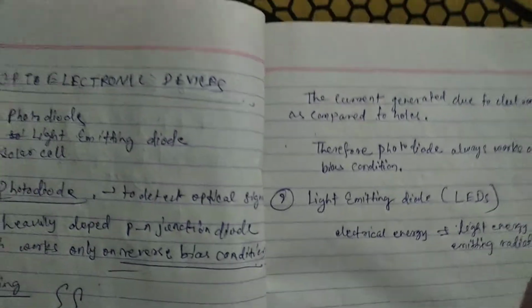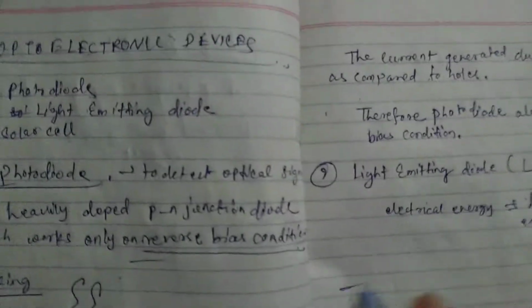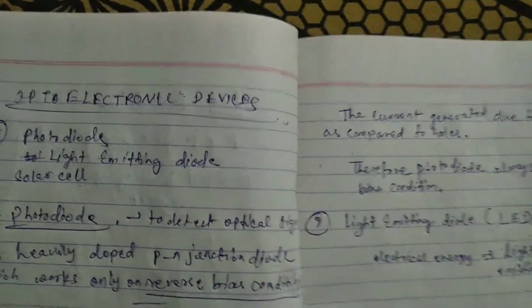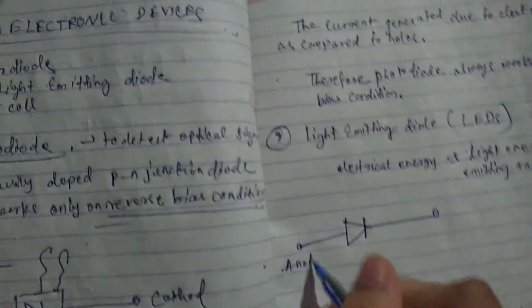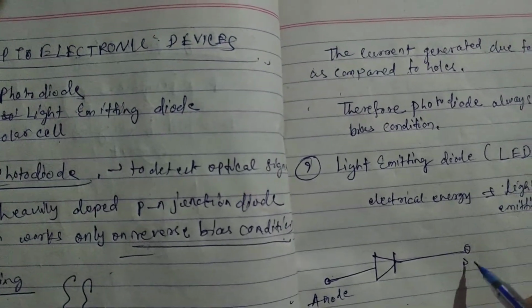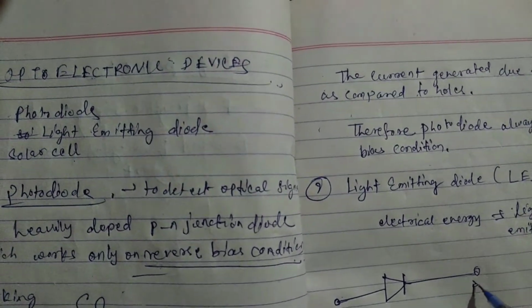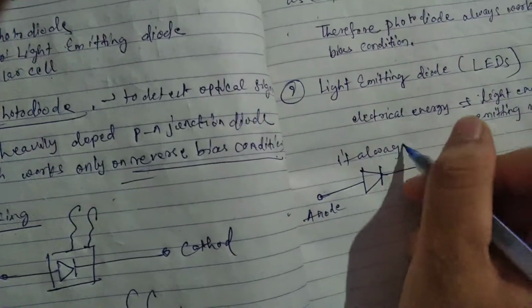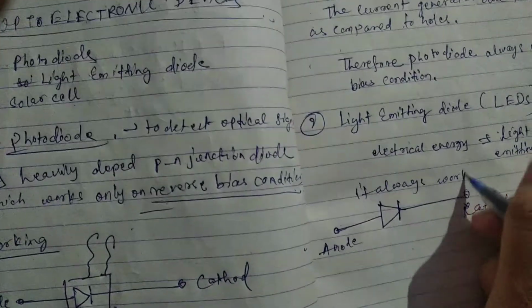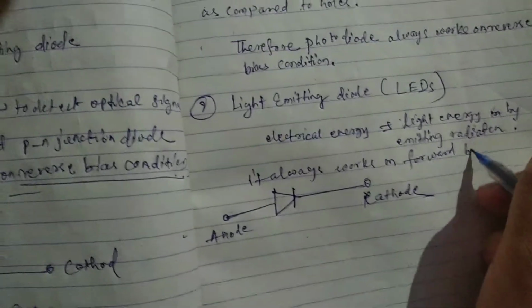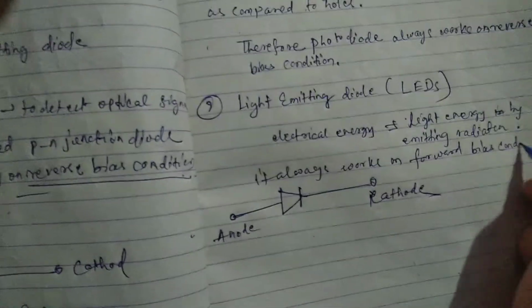Its circuit symbol is this, and the important point is that it works in the forward bias condition, opposite to the photodiode. It always works on forward bias condition.